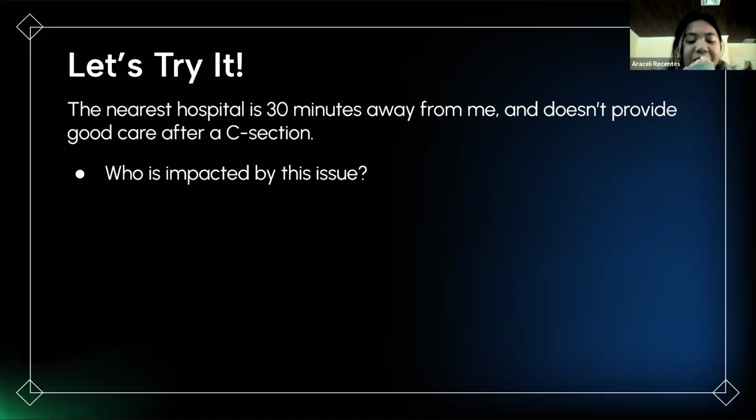I was thinking really hard about the C-section one, and one thing I thought of was premature birth, like how dangerous that would be.